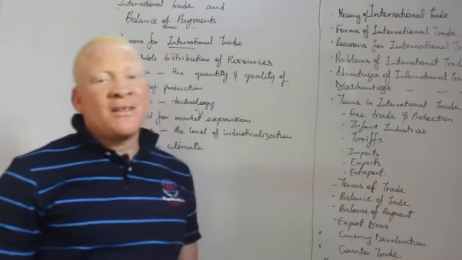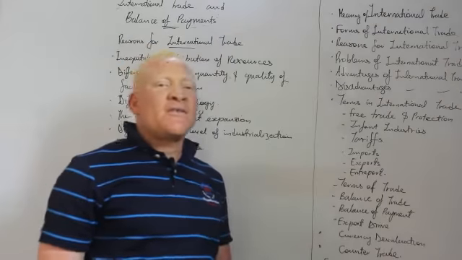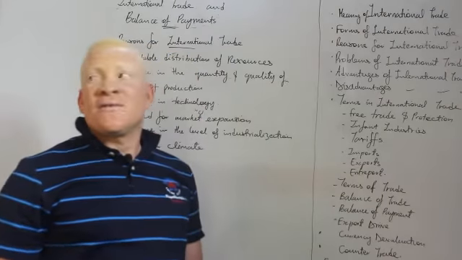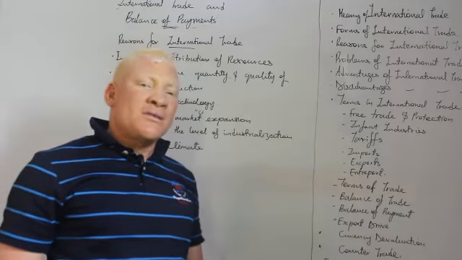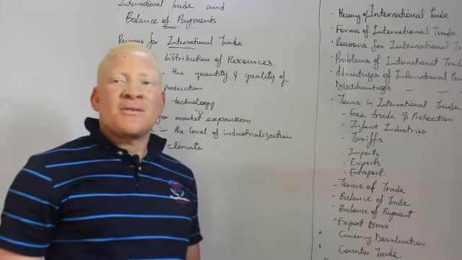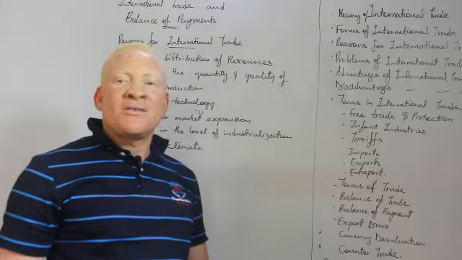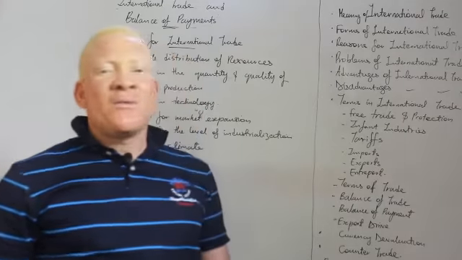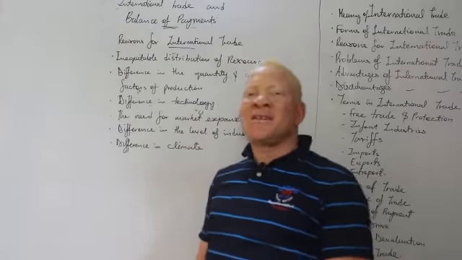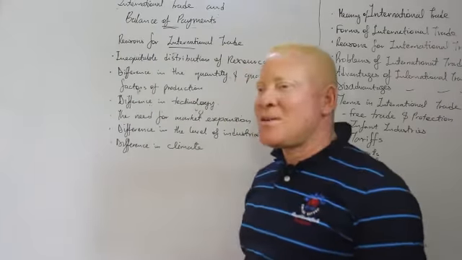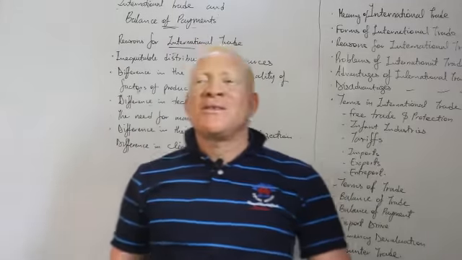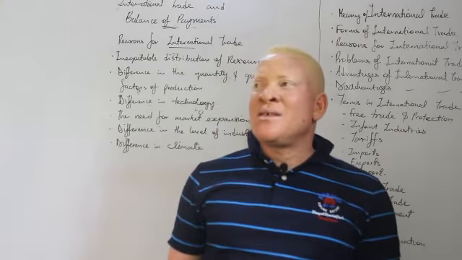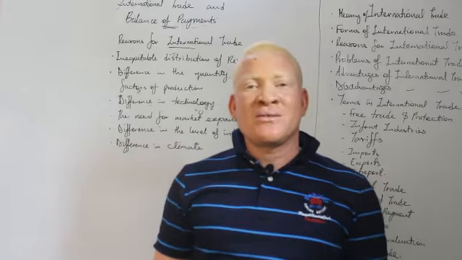When we say inequitable distribution of resources, we are recognizing the fact that natural resources are not distributed evenly from place to place. That means that what a particular place is endowed with is different from what the other place is endowed with. So in other words, there is need for international trade.